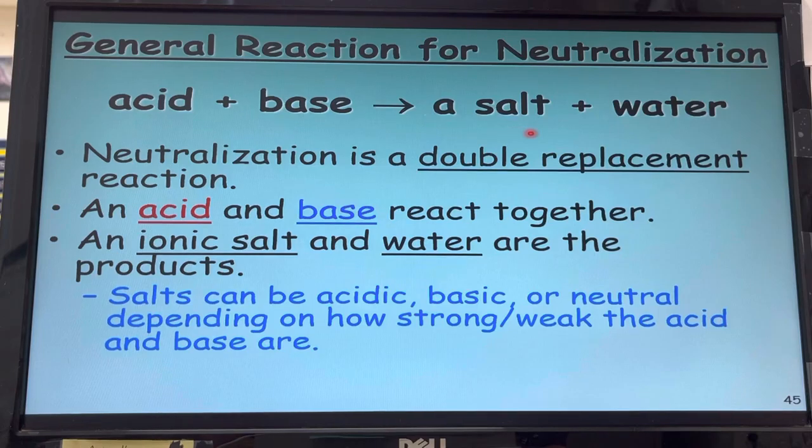Now, salts can be acidic, basic, or neutral, depending upon how strong or weak the acid and base are. So if you are chemically bonding a strong acid and a weak base, the salt's probably going to be acidic. If you are chemically bonding a weak acid and a strong base, the salt's probably going to be alkaline or basic.